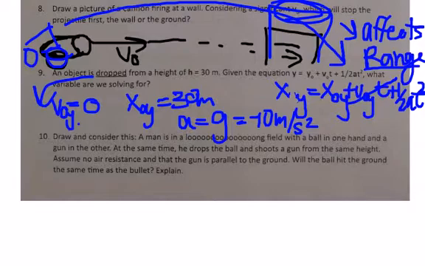So what could we possibly be solving for? Well, you could solve for one of two things depending on what they ask you. If they ask where does it end up, given a certain amount of time, you could solve for the final position. If it says, oh, it falls and hits the ground, we could say, oh, I know that is going to be 0, and then I could solve for how long it takes to get there.